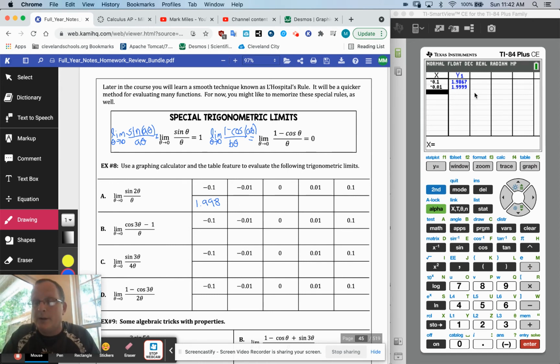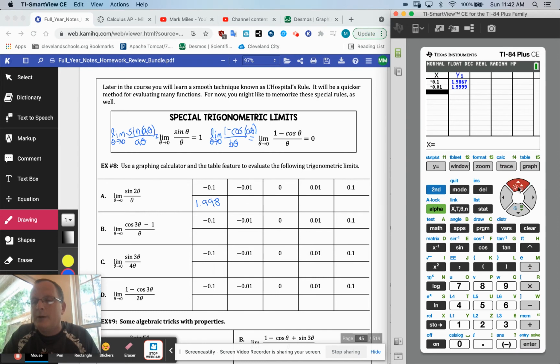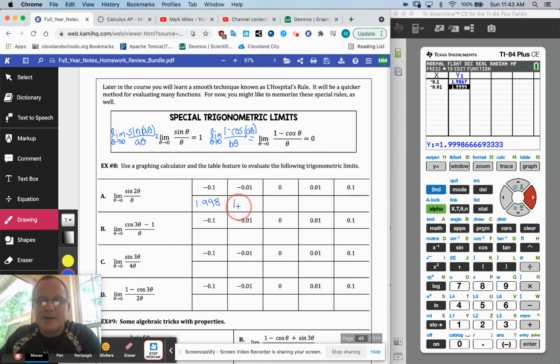But if I hover over it, it'll tell me a little bit more. It's not exactly 2, but within 3 decimal places it is. So I'll put 1.99 just so we can see what's happening. Now, of course, the 0 is undefined.